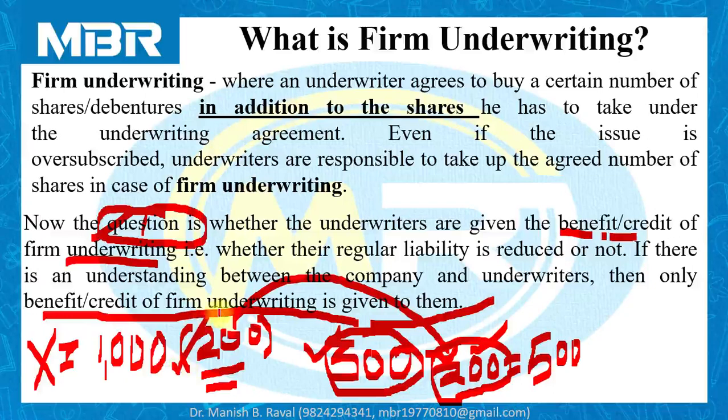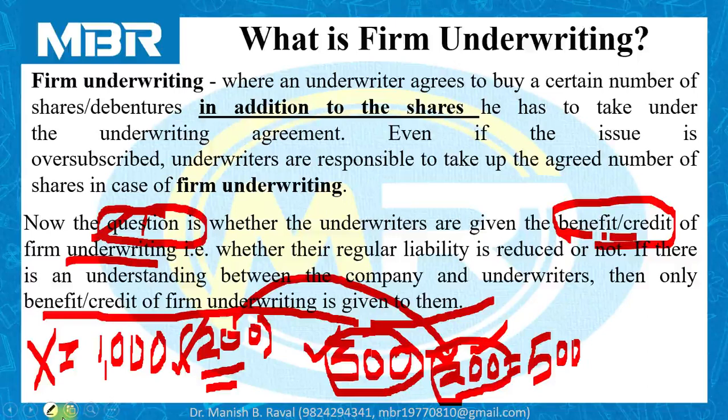Say for example, here firm underwriting is given for 200 shares. So whether the benefit or credit of these 200 shares is given to the underwriter X as a marked application or not. This is the question. And it is necessary for all of you to remember one rule.